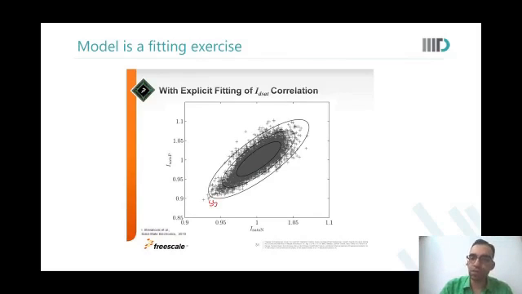All models, SS, FF, all that rhombus that we looked at, is a fitting exercise. You have to arrive at a rhombus over here which would be safe for designing purposes. There may still be some lots out of this rhombus, and on those lots you accept some extra yield loss.